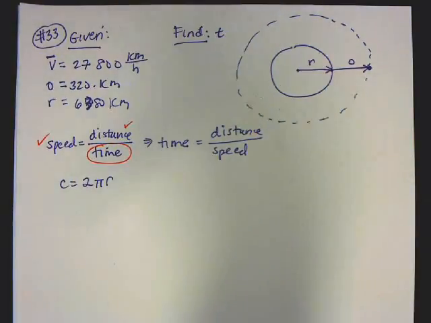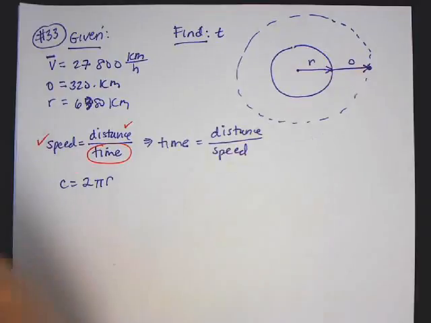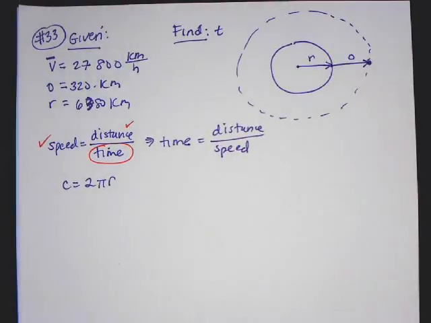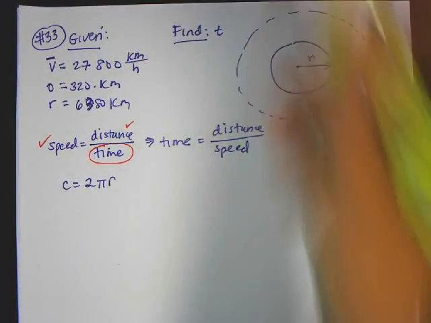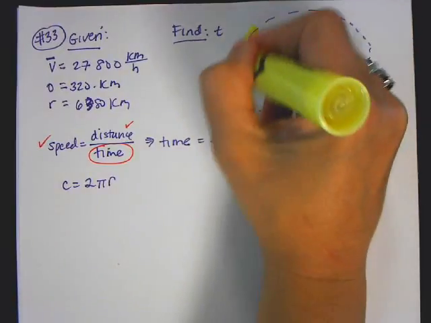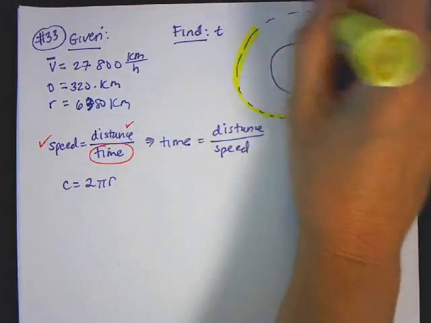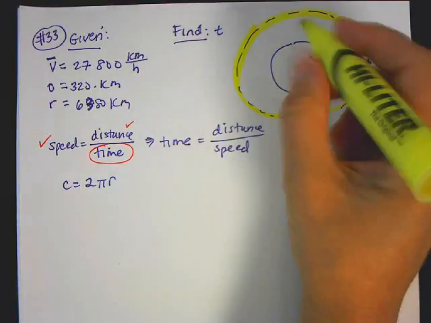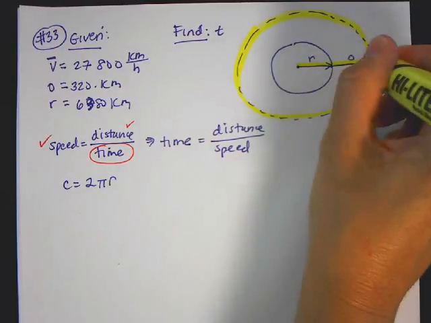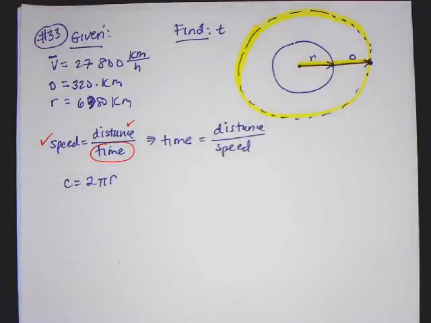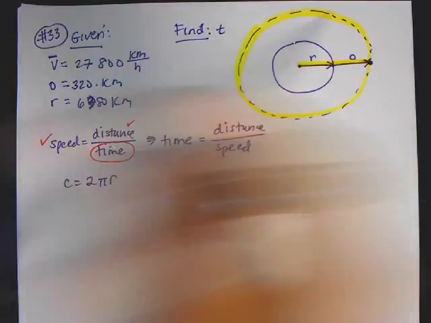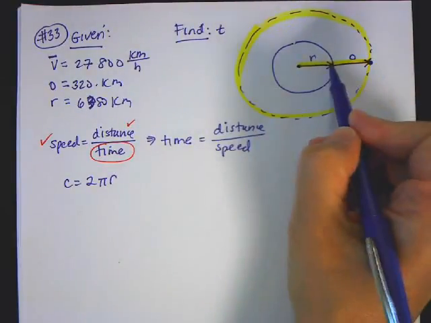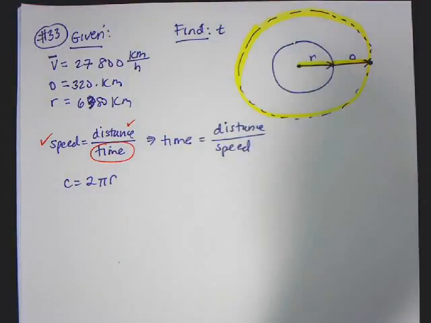And now what makes this problem tricky is, here's the part where they try to trick you. This is the circumference that we want here, and the 2 pi r, the actual radius, remember, is from the center, so we have to add these two together. So we add the distance from the center to the surface, and then from the surface to the shuttle.